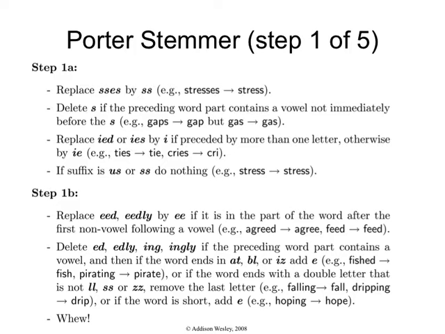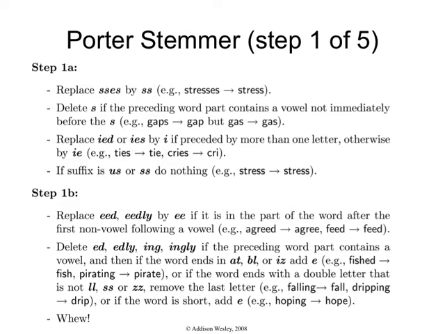So you do strip it off, but then if the word ends up ending in at or bl or iz, then you strip off the ing and add an e at the end. Seems strange, right? But that's to take words like pirating, strip off the ing, and then add an e to get the normal word pirate.